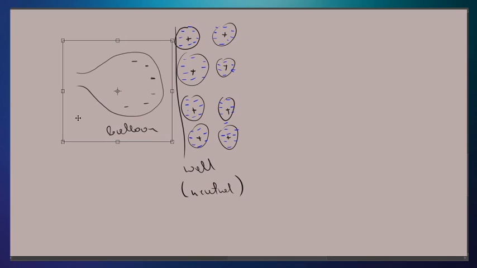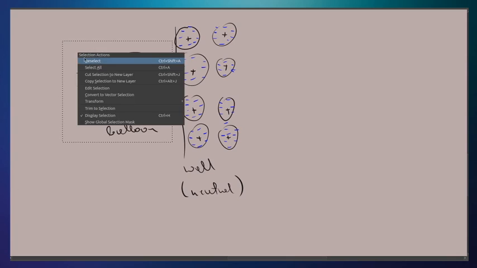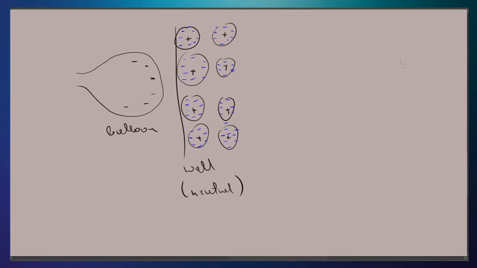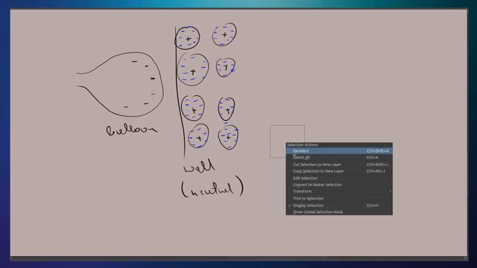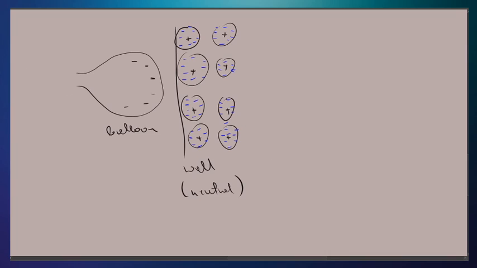So what happens then is, as the balloon comes closer, it should be pretty clear that the electrons within the atom are going to move. Now, because this is an insulator, the wall is, oh, hang on a second, I gotta fix this. Anyways, the wall is an insulator. So that means that the electrons cannot jump from one atom to another atom, but the electrons within the atom can still move.